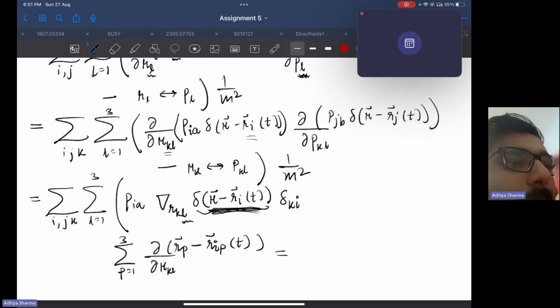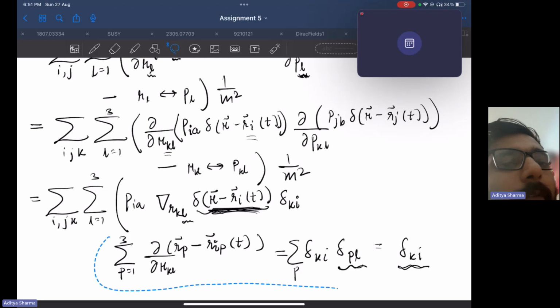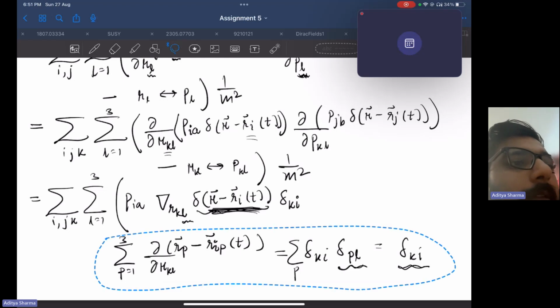So when I do this, I'll have Dirac delta of KL, Dirac delta of P, Dirac delta of KI, PL, sum over P, and this is just going to give me L itself, the Dirac delta of KI. And when this gets to 1, you're going to get this thing itself. So it doesn't matter if you write this.